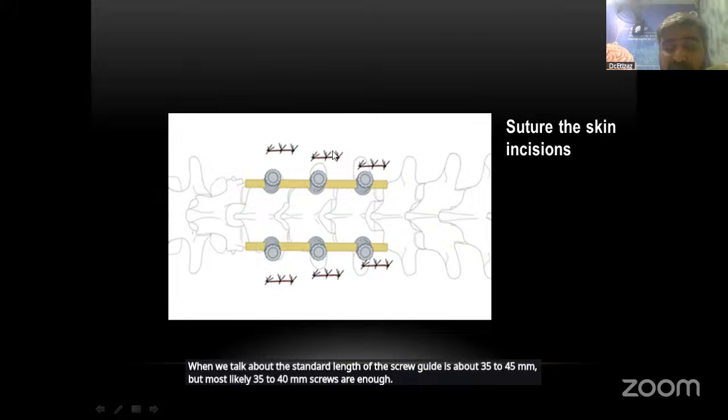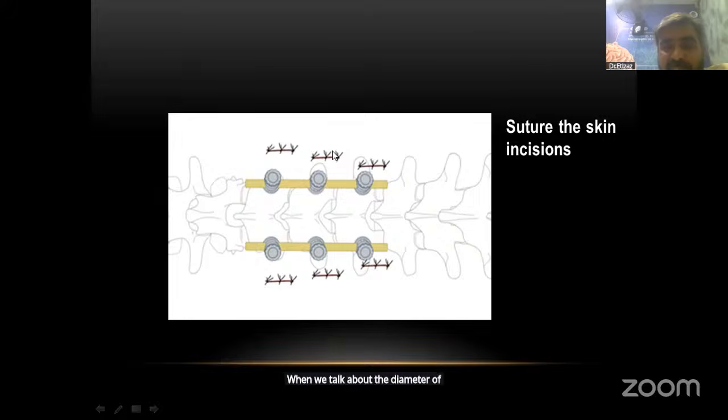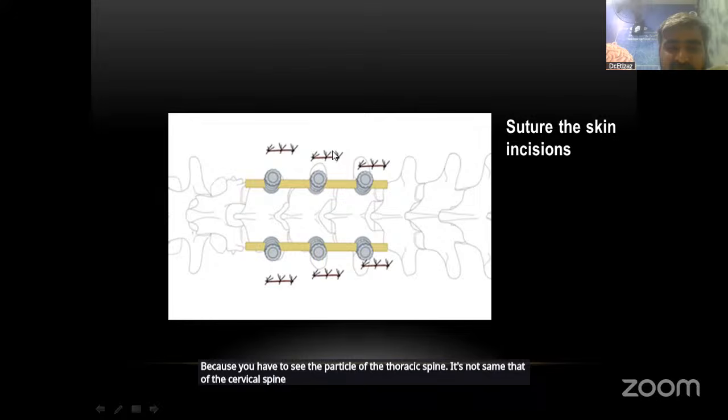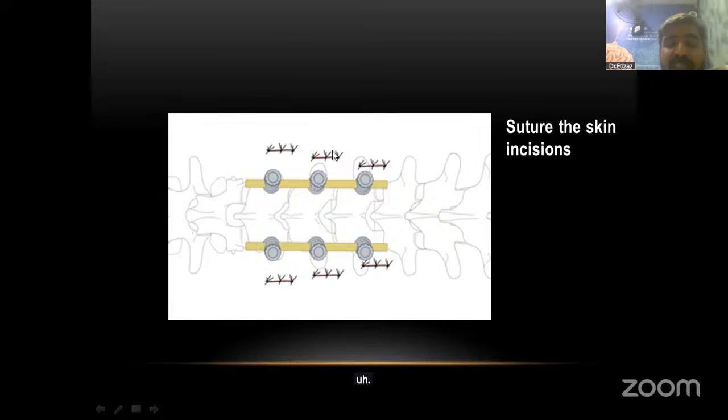When we talk about the diameter in the thoracic spine, it is a bit changed. Because you have to see the pedicle of the thoracic spine. It's not the same as the cervical spine or the lumbar spine. It is written in the literature that the diameter of the pedicle screw should be 80% of the pedicle size.